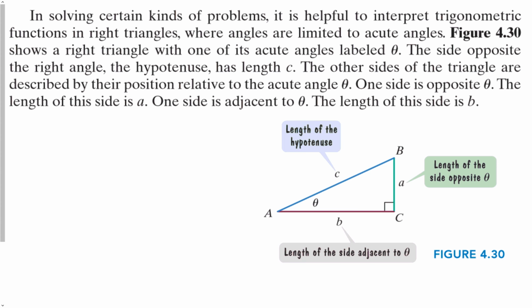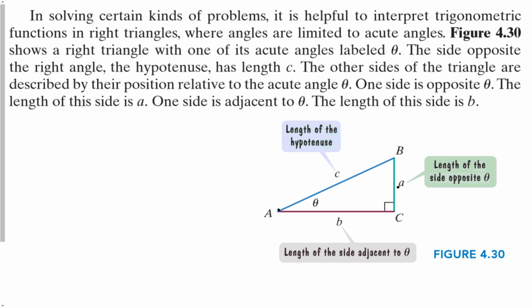It's helpful to interpret these trig functions in right triangles when we are limited by the way triangles work. A right triangle has a 90-degree angle, and then it has 2 other acute angles, so we're always limited to acute angles. We can label this triangle ABC. Notation here: angles are always capital letters in trigonometry, and sides are always lowercase.